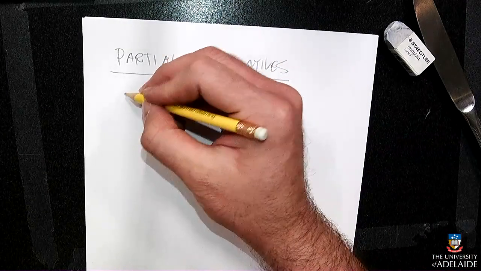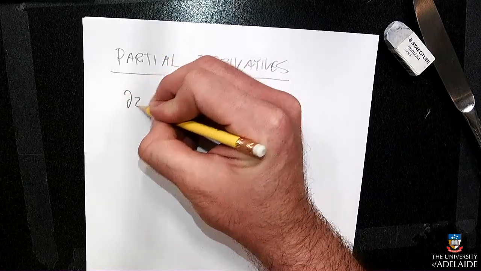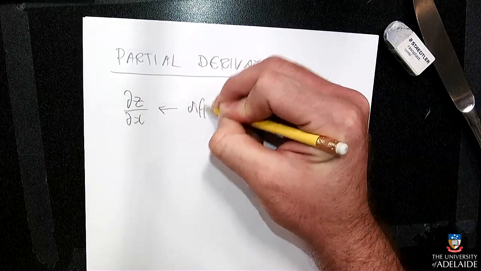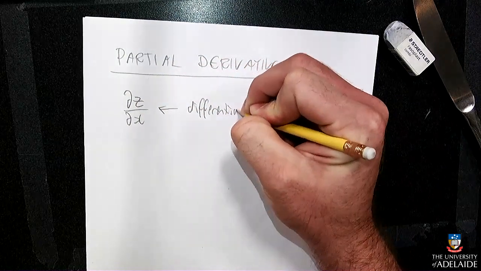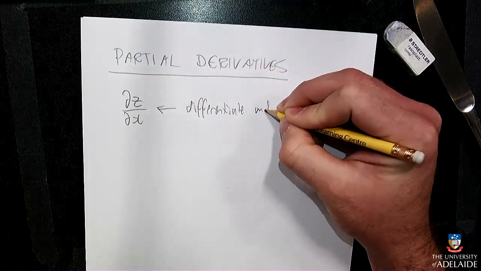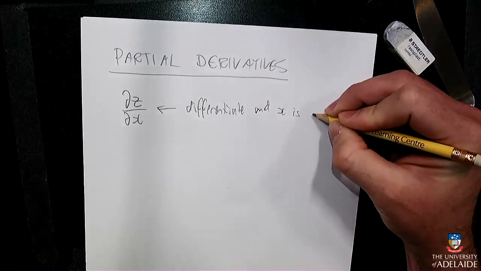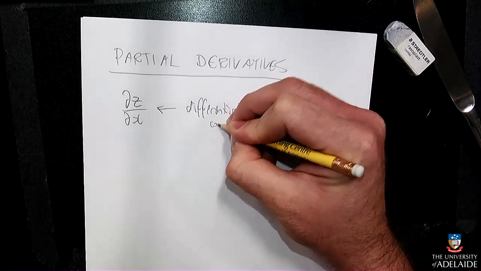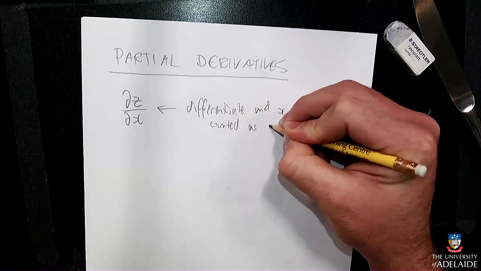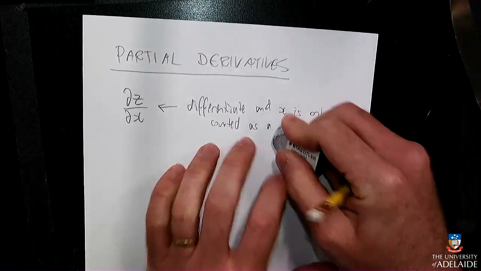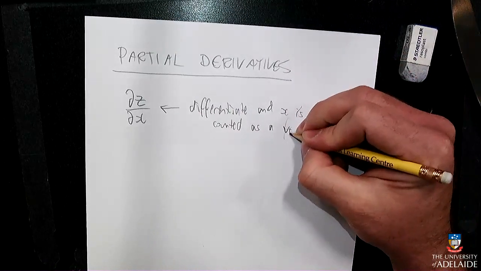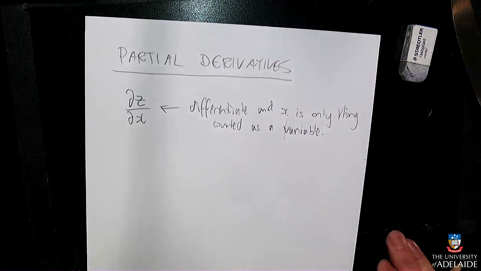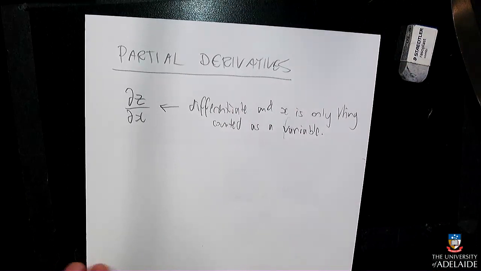When you do this, that means differentiate, and x is the only thing counted as a variable, and dz on dy is similar.